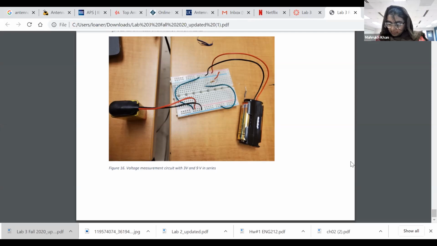Now I will connect my battery. And I have also connected this thing on the 9 volt battery. So it's provided in your kit.